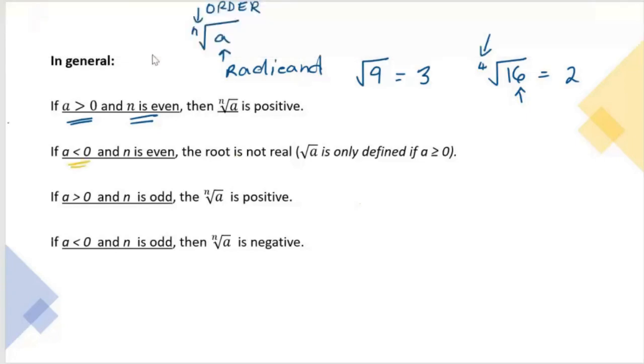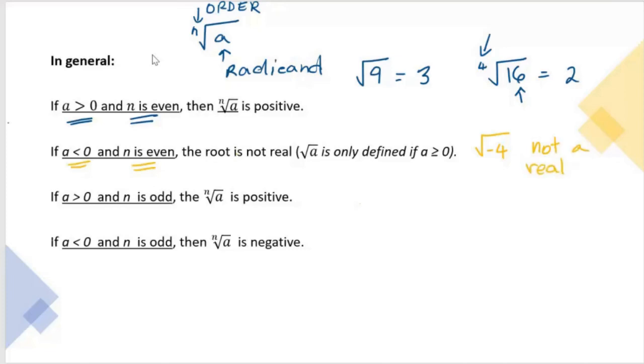What happens, however, when a is a number less than 0? So when a is negative, but n continues to be even. So for example, what is the square root of negative 4? There's no number I can think of that multiplied by itself twice gives me negative 4. And in fact, there are no real numbers for which this is true. So you could say not a real number.